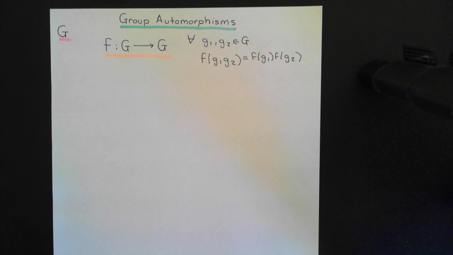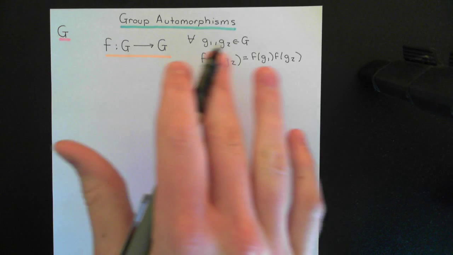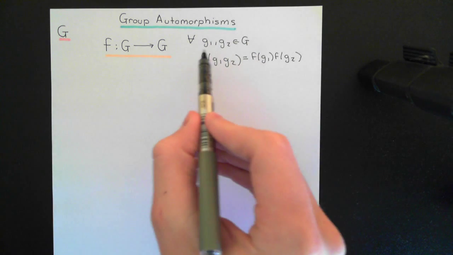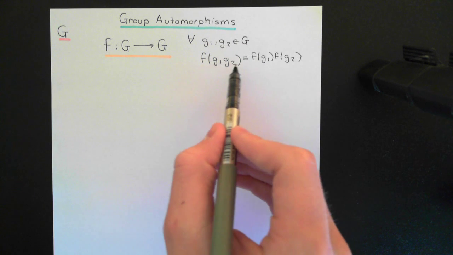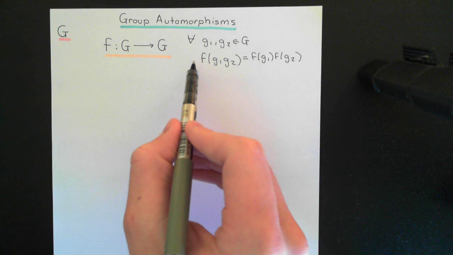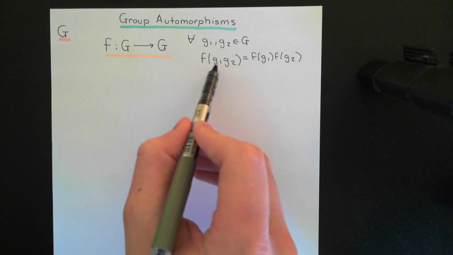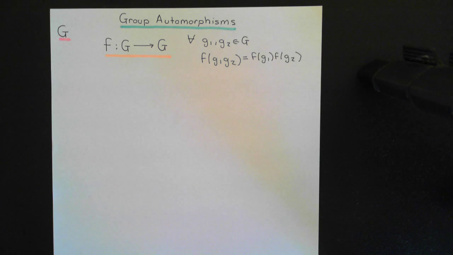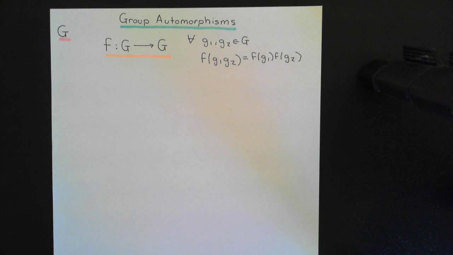And remember, what it really says is that the group composition table is going to translate underneath the mapping. So what this is saying is that you pick whatever elements you like within the group. You can either compose the two of them together prior to undertaking the mapping, so compose them together in the domain, and then map the answer into the codomain and get some answer within the codomain.